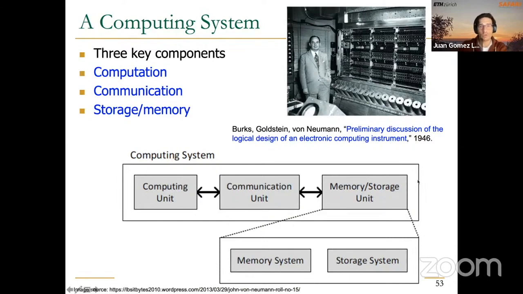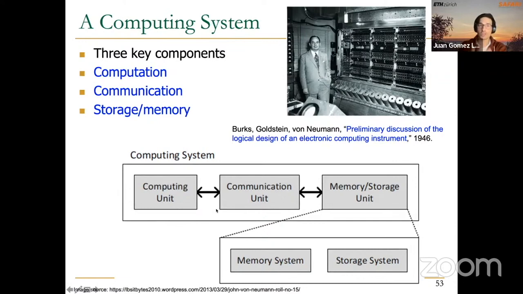So it looks like something like this, right? In the memory and storage unit, we have the memory system and the storage system. Here on the leftmost side, we see the computing unit, for example, a CPU, a GPU, or an FPGA, and in between we have the communication unit.